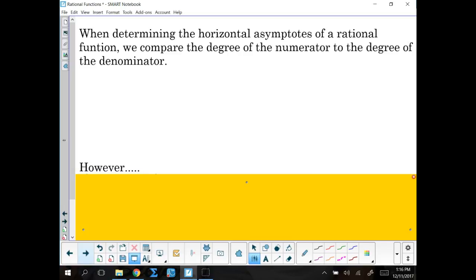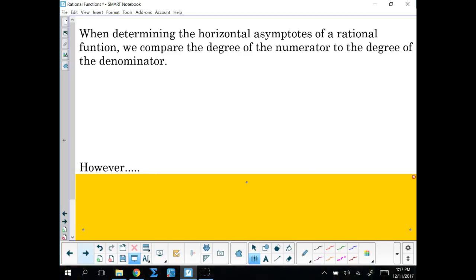When determining the horizontal asymptote of a rational function, we compare the degree of the numerator to the degree of the denominator. First question is, what's a degree? The biggest exponent.